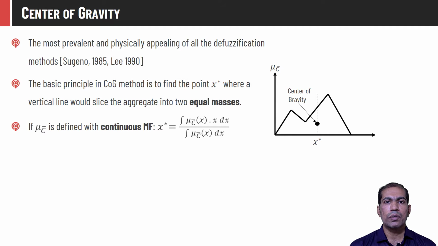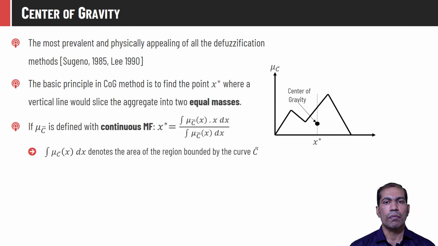If the membership value is defined over a continuous domain, then the crisp value is computed as x star equal to integration of mu C bar of x into x dx upon integration of mu C bar of x dx, where the integration of mu C bar of x dx represents the area covered by the region C bar.